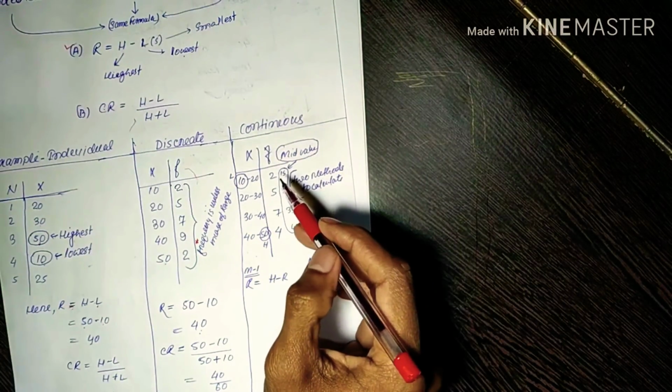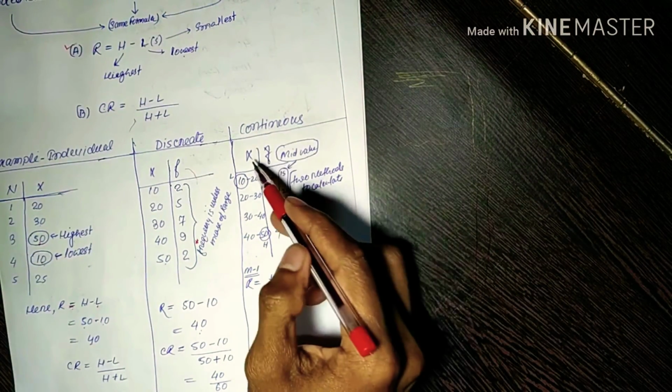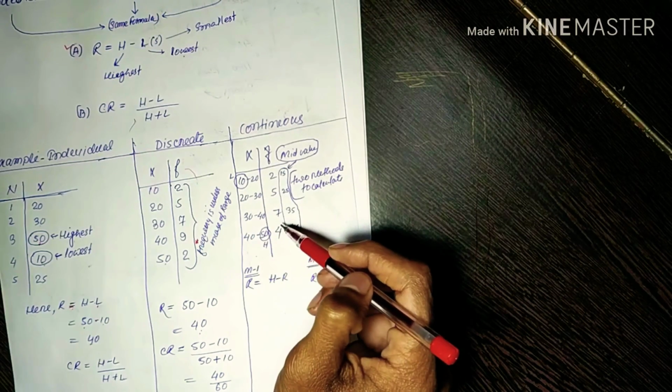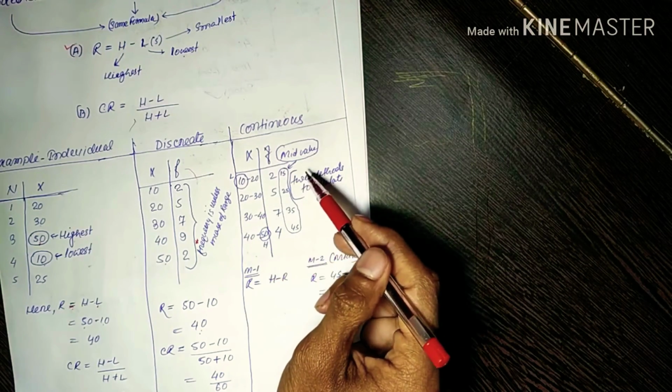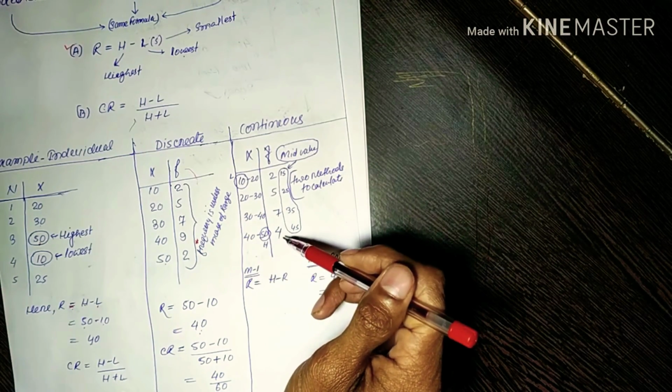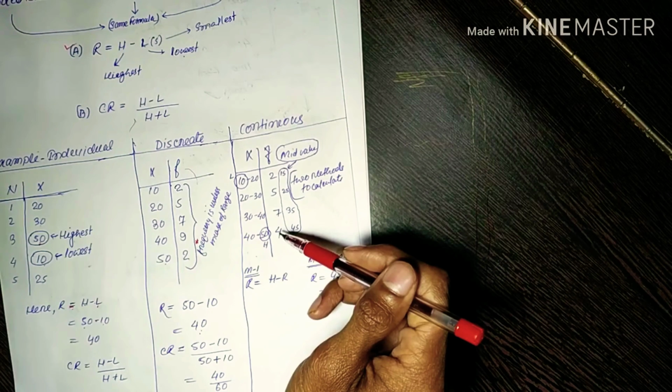Now the last series, that is continuous series. Here X is given and F is also given. Understand? In case of continuous series, we can calculate range in two methods.